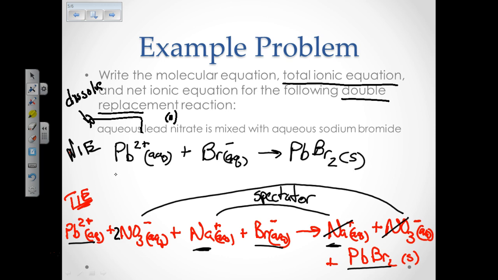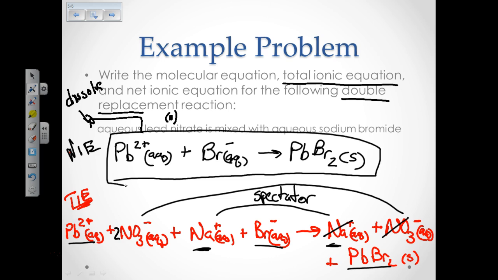So this is your net ionic equation, and that is what we're trying to get at. That's the example using a double replacement reaction. There will be another example about single replacement reactions, but not for this video. Okay, have a great day, and stay out of trouble.